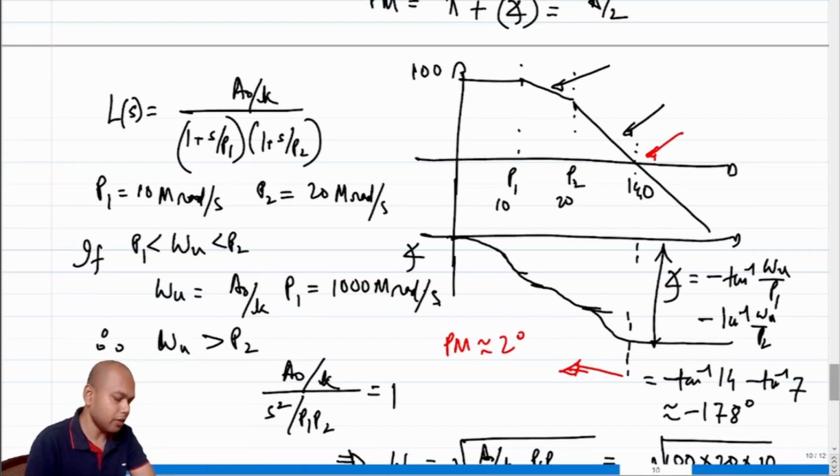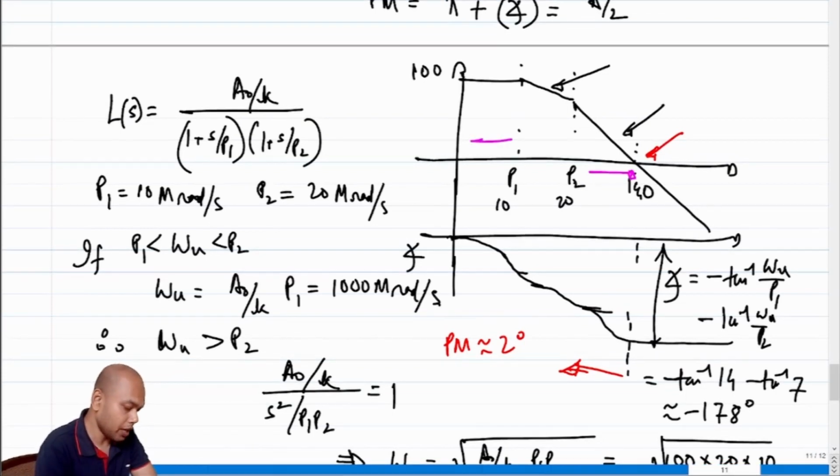So I have three segments, right? So if I am away from both P1 and P2, I have a problem. I cannot be here because that is parallel to the x-axis, right? So I have to be between P1 and P2, right?